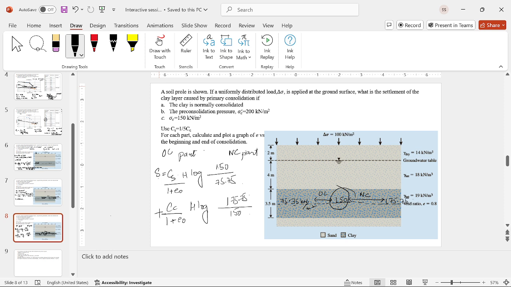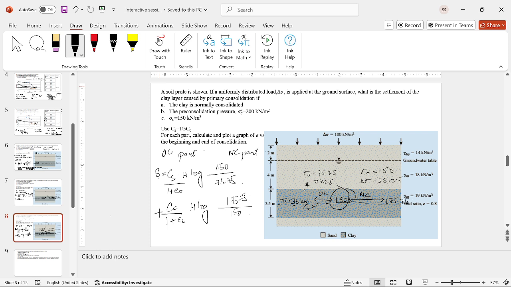Basically what it is doing is, let's see, 150 minus 75.75. So the delta sigma here is 74.25 and sigma naught here is 75.75, and delta sigma here is 175.75 minus 150, 25.75, and sigma naught is 150.